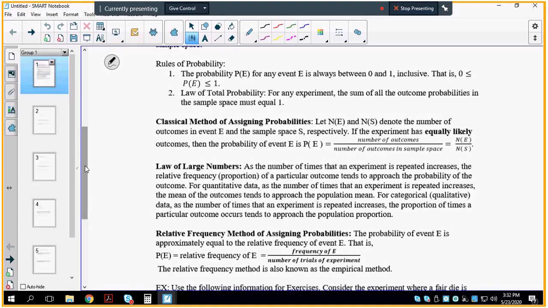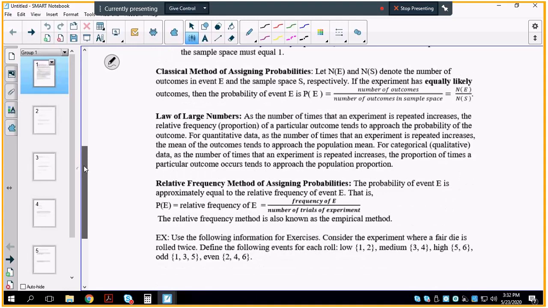If you have these two rules followed, then we call the system a realistic probability model. And if at least one of these two is failing for a model, then that model cannot realistically describe a probabilistic model.